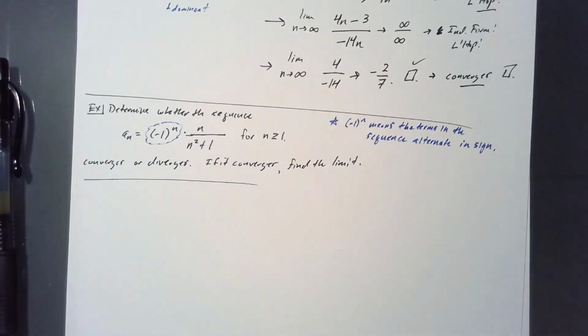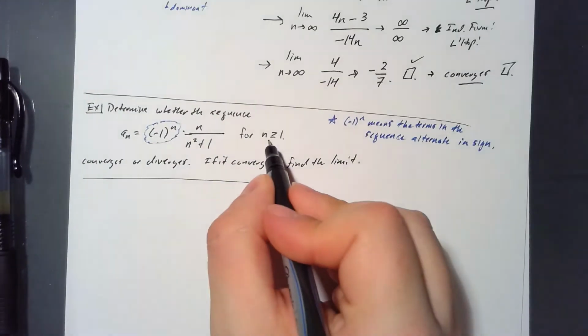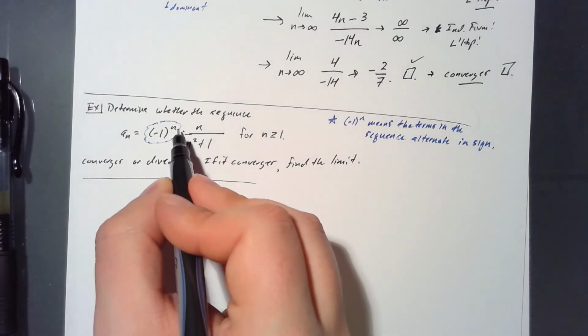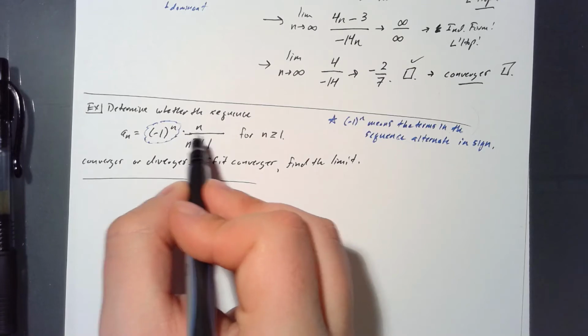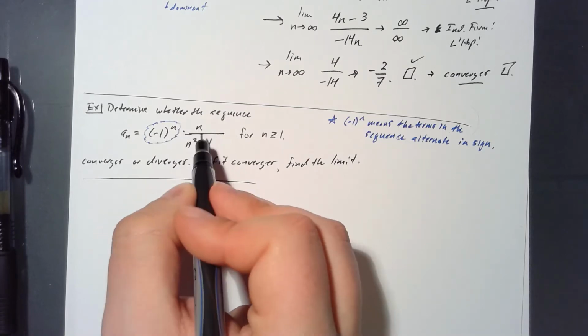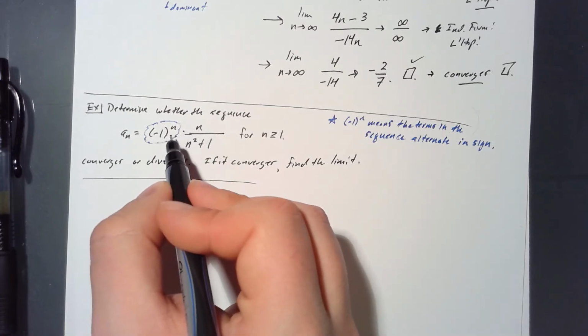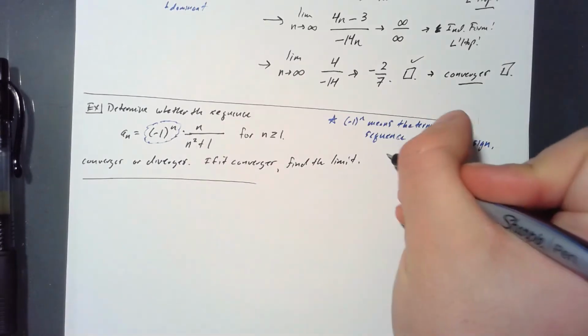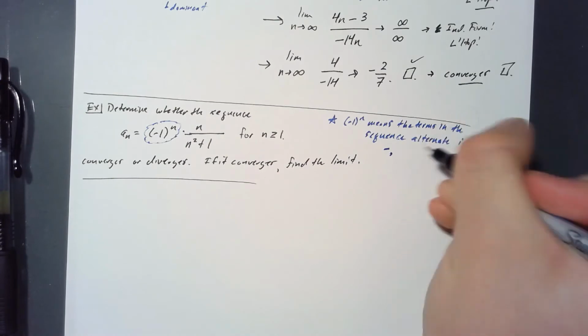What do I mean by that? Well, in this case, I'm starting at 1. So if I plug 1 in here, I have (-1) to the first power, times this stuff with 1 in it. Well, (-1) to the first power is going to be -1. So the first term is going to be negative.